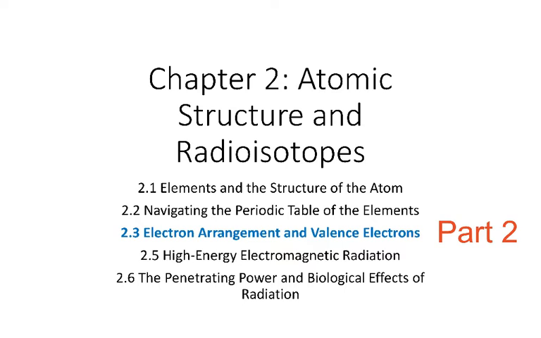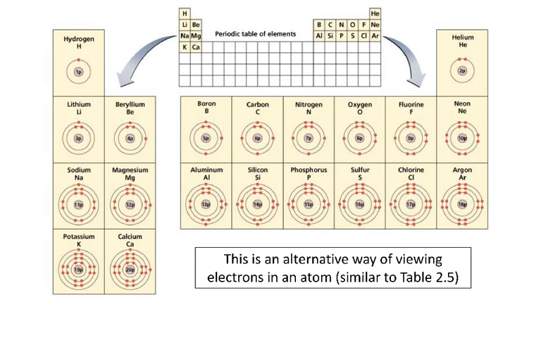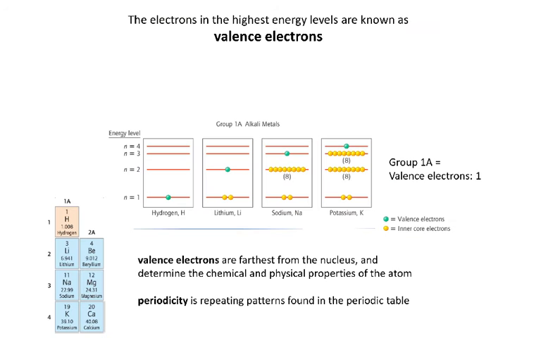So in the first part we talked about electron arrangement and energy levels, and now we're going to introduce valence electrons. By definition, valence electrons are the electrons in the highest energy level. If we remember the representation like this, that would be the outermost ring.